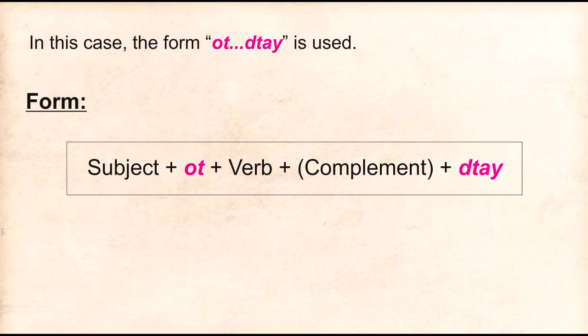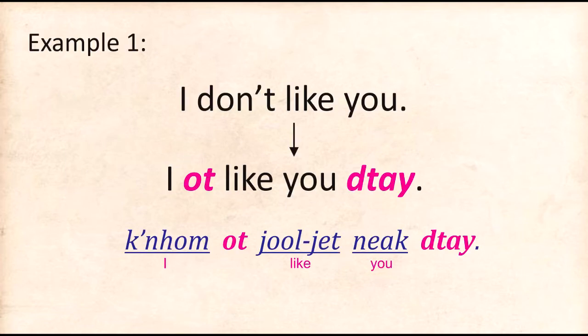I have 3 examples for you in this lesson. Example number 1. The sentence is I don't like you. In Khmer form, you say I ought like you te.